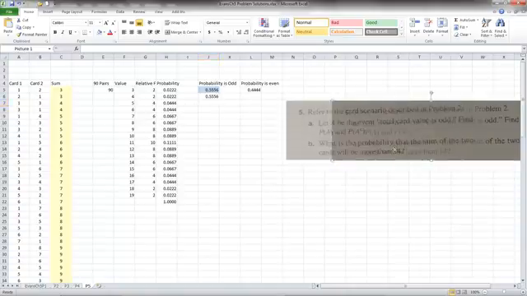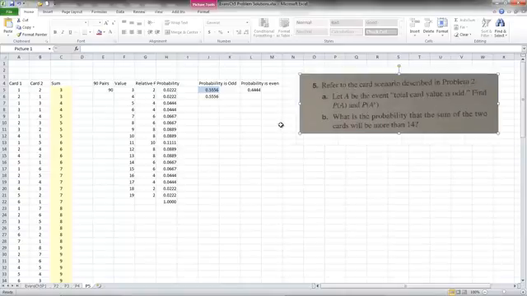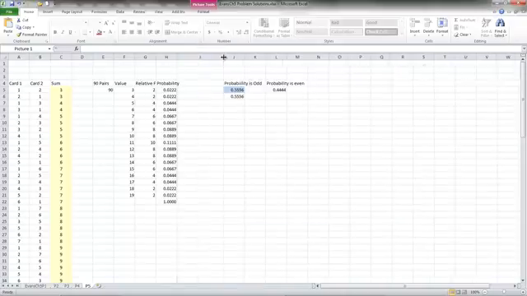But what is the probability that the sum of the two cards will be more than 14? So now, when we start taking a look at these kinds of questions, you can look at the cumulative probability distribution function. Open this up a little bit here.